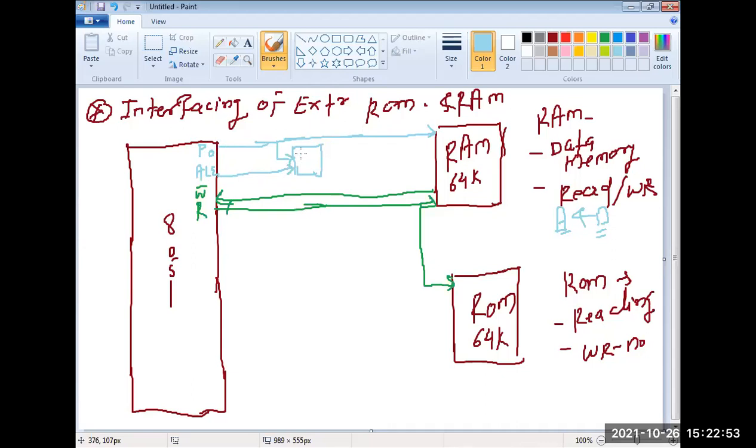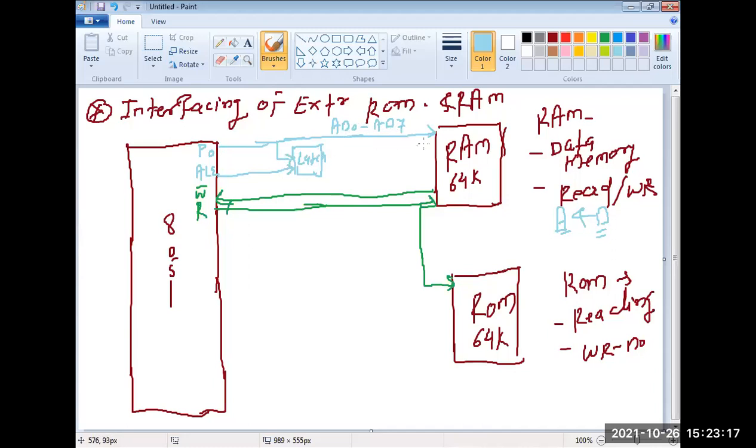Lower bus. Yes, lower data and address bus. So it has the lower data and address bus that starts from AD0 to AD7. There is logic: port 0 will start with 0. Which 0? AD0 and AD7. It has the lower address as well as data bus.